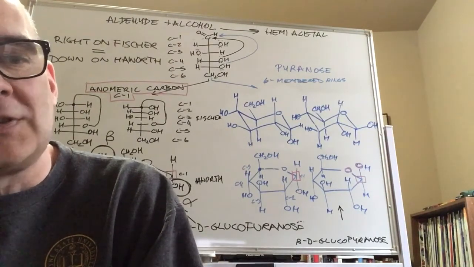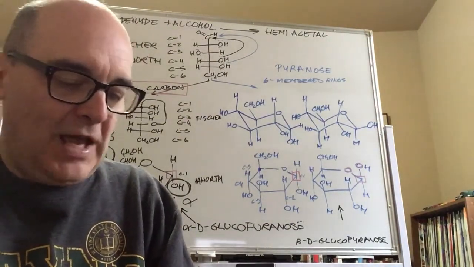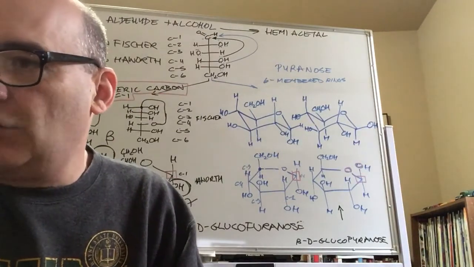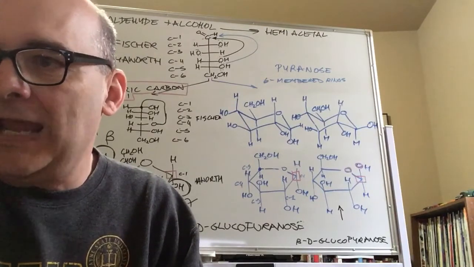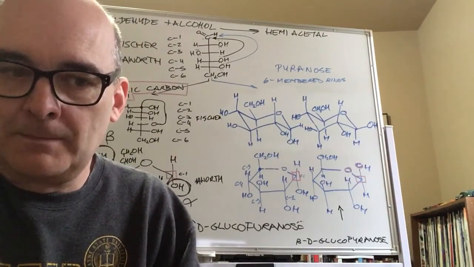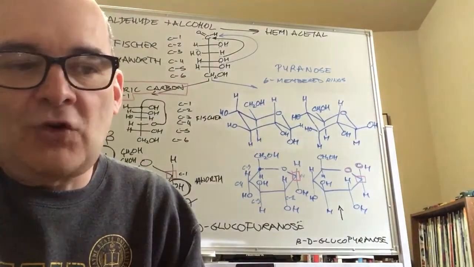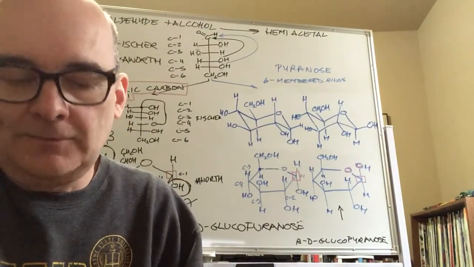So we've dismissed the L form of all of the sugars and realized that glucose, D-glucose, belongs in a series of D aldohexoses that contains a total of 8 stereoisomers. We then came to the realization that these straight chains probably don't exist naturally.